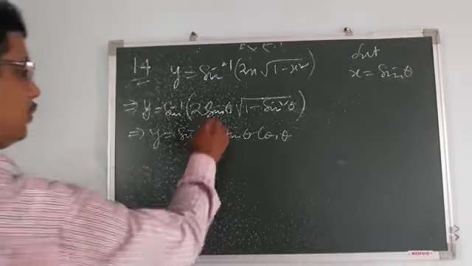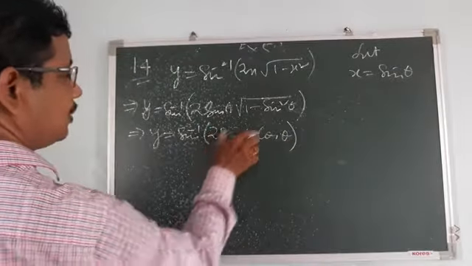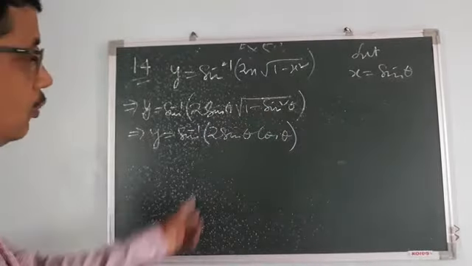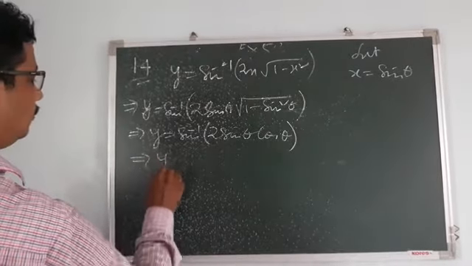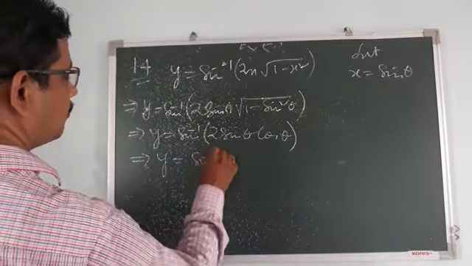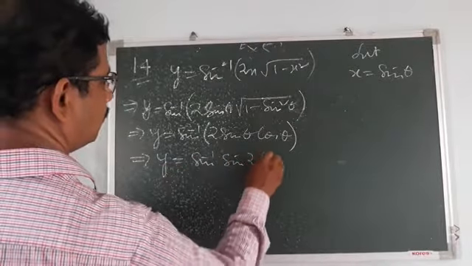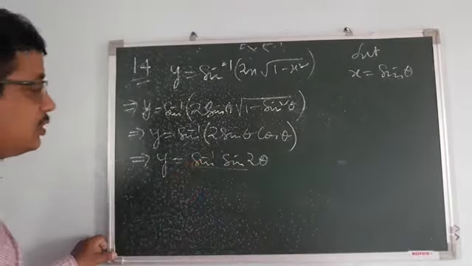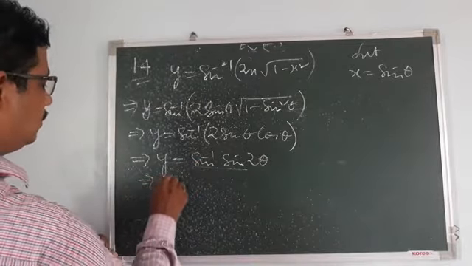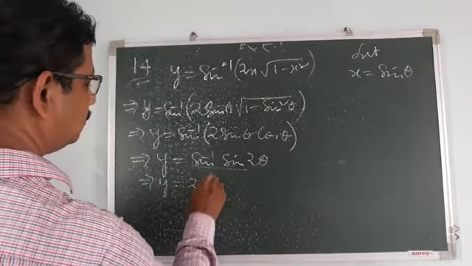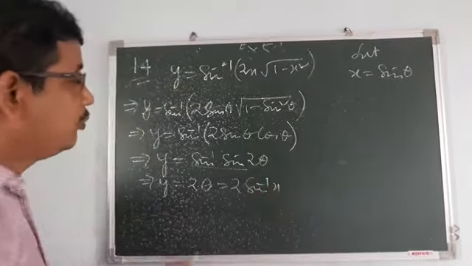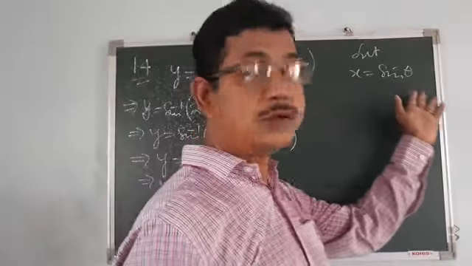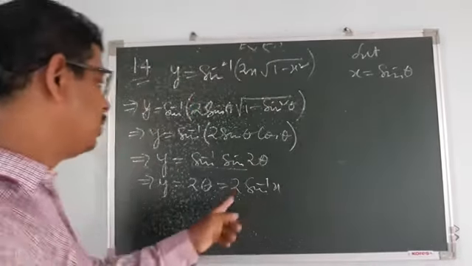Now students, you see, it is 2 sine theta into cos theta, it is what? Sine twice theta. Now see, these two will cancel each other. We are left with 2 theta. Theta is what? Sine inverse x, because x equal to sine theta, theta becomes sine inverse x.